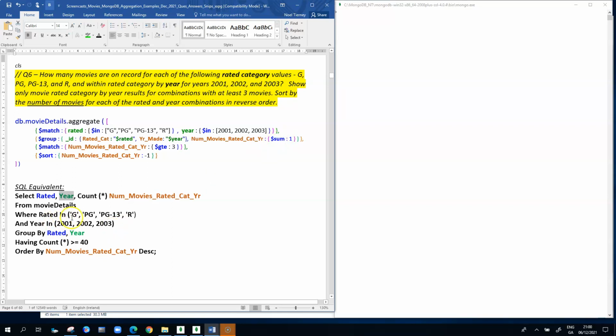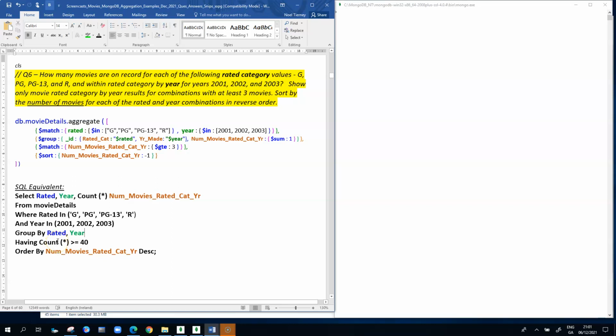So I'm only considering movies that are in the 4 rated categories listed there, and I'm only considering 3 years, 2001, 2002, 2003. Then I'm grouping by rated and by year. And as I said, I'm only interested in those where there's more than 40 documents in the results. That isn't mentioned in the question, actually.